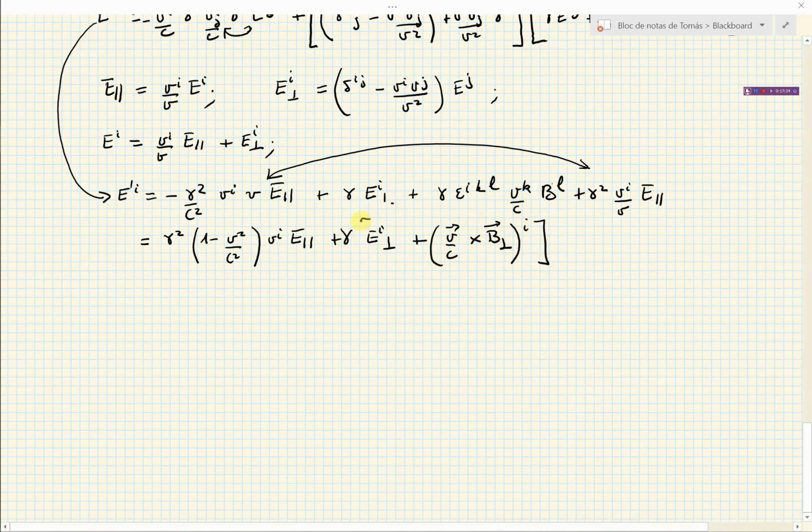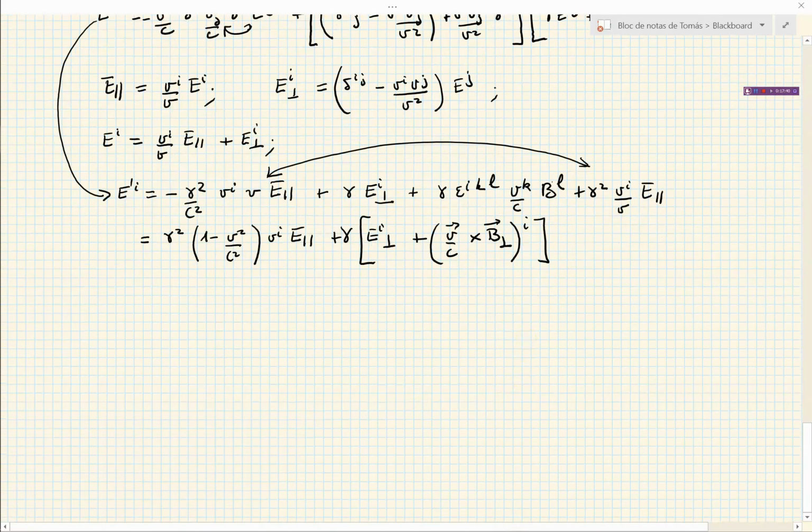So gamma, oh sorry, gamma squared and this factor, they just cancel each other, because gamma squared is 1 over 1 minus v squared divided by c squared.